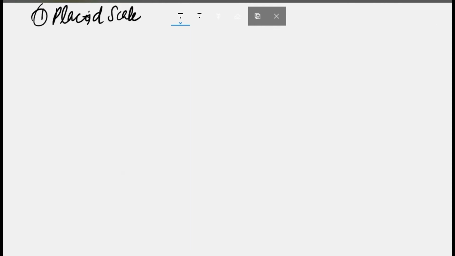Let's see how the scales are going to get developed from the dermis. Let's just assume this as the epidermis or stratum basale. So what happens is you have some mesodermal cells here.